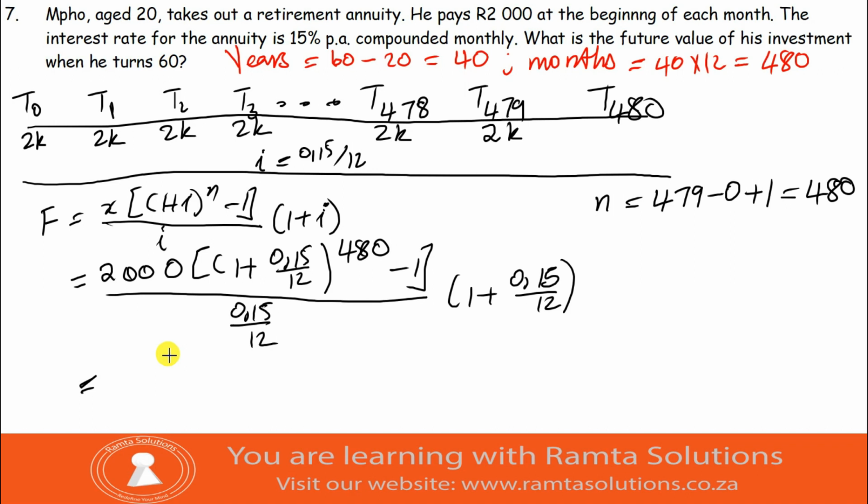Savings: 1 plus 0.15 over 12 to the power 480, minus 1, over 0.15 over 12, and multiplied by 1 plus 0.15 over 12.